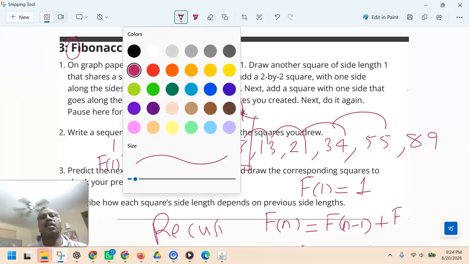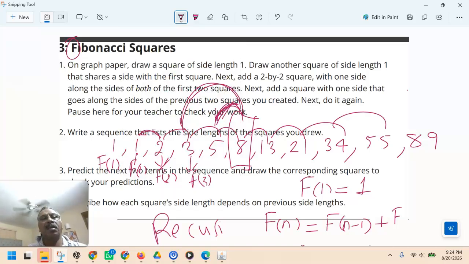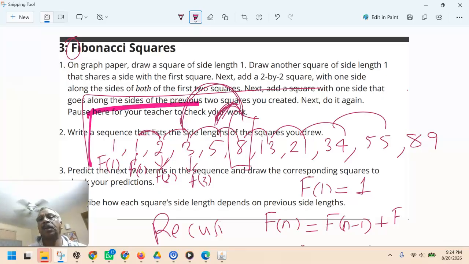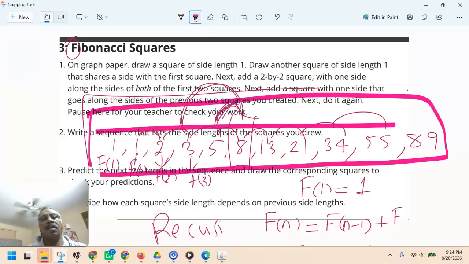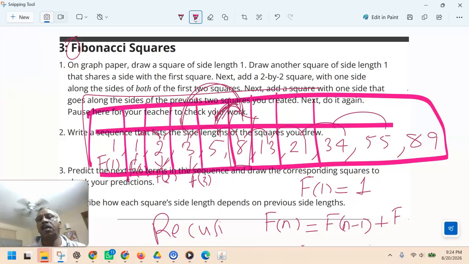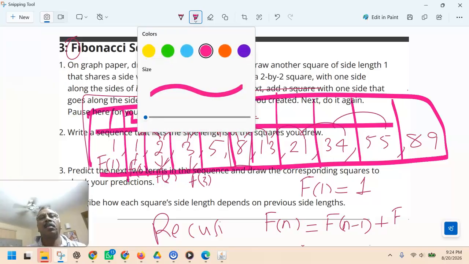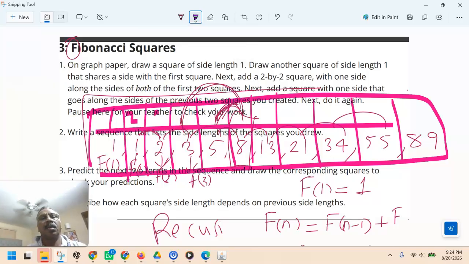I could have made a table like this to understand. This is 1, 2, 3, 4, 5, 6, 7, 8, 9, 10, like that.